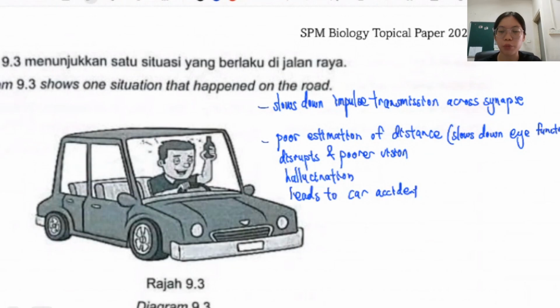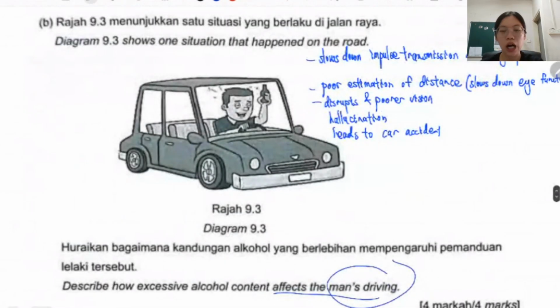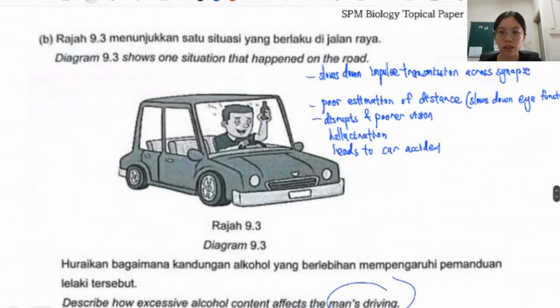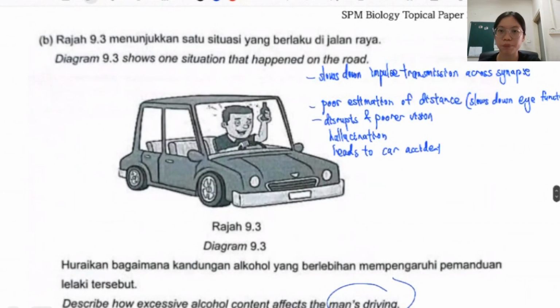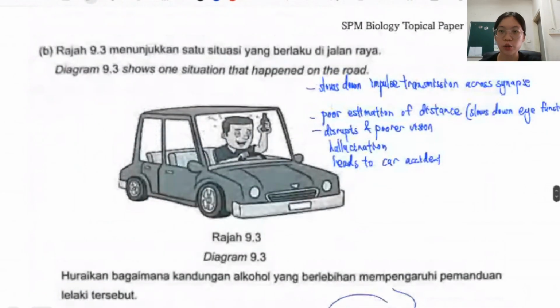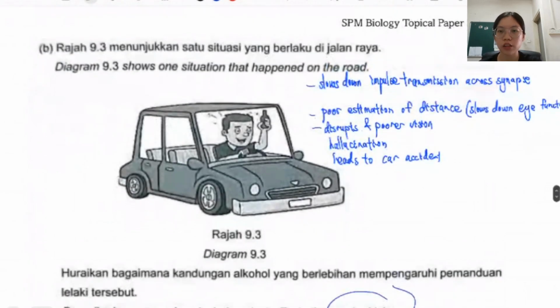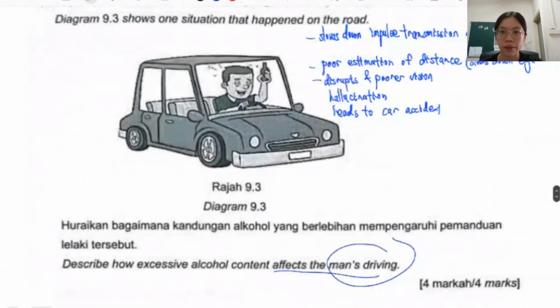There is poor estimation of distance and poor vision. You may eventually have hallucination, and therefore it leads to car accident. That's the explanation on how excessive alcohol content affects the man driving. That's why you drive in a very scary, reckless way. Your reaction also slows down already.